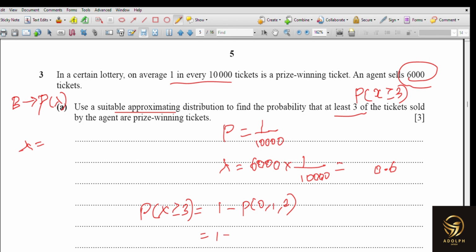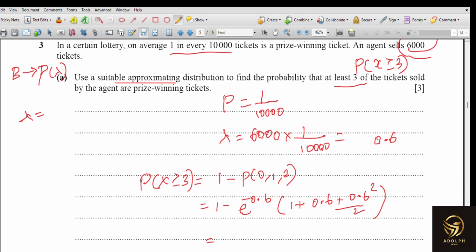So 1 minus the probability of 0: usually for a Poisson distribution, we put e power minus 0.6, and 1 plus 0.6 plus 0.6 squared by 2. This is the Poisson distribution formula, and the calculated value gives us the answer 0.0231.